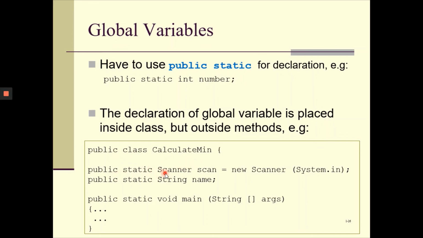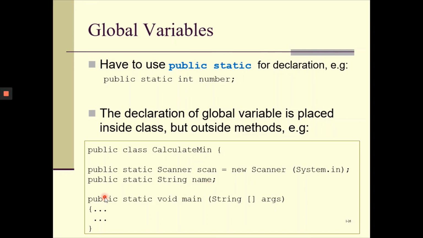Here I want to make Scanner scan equals new Scanner global, so I put the keywords public static in front of it. After that, I want to have a String name as global, so I declare String name together with the public static keywords. Whatever method I have in this class can access the value of name.